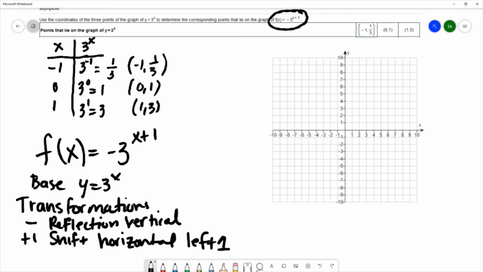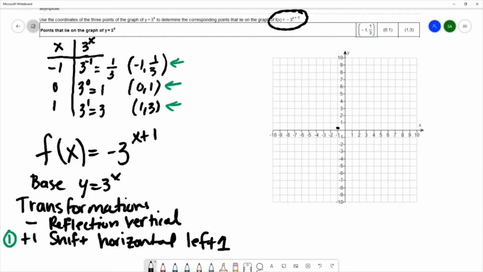So what we want to do is perform these transformations on each one of these ordered pairs. It's really helpful if you use the graph to follow along with how we adjust these coordinates. So if we start with the first one, -1 and 1/3, we want to start by shifting to the left 1 unit.